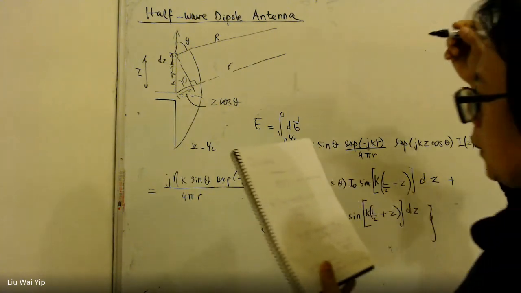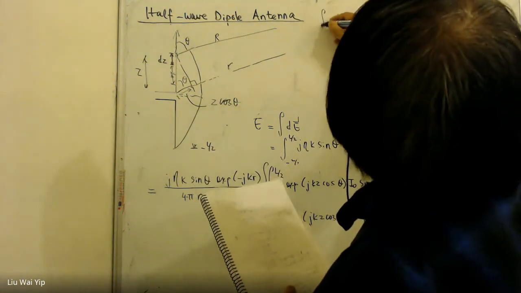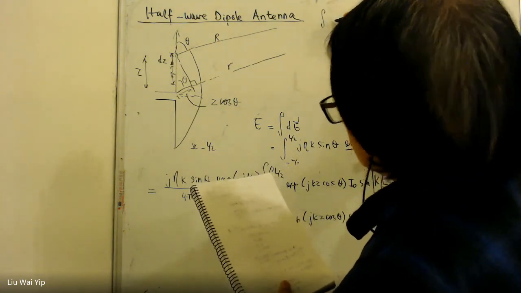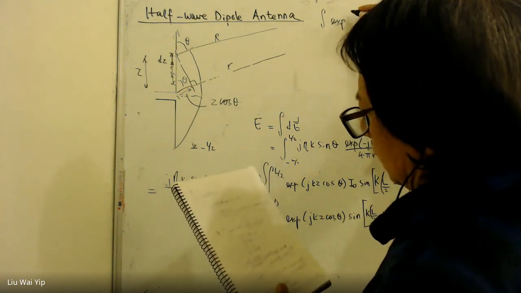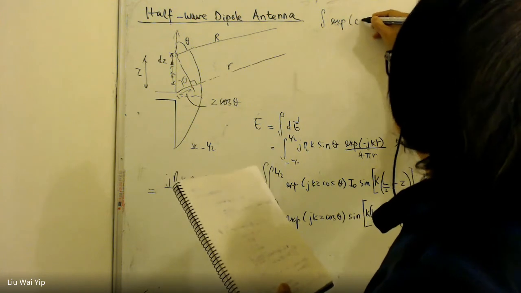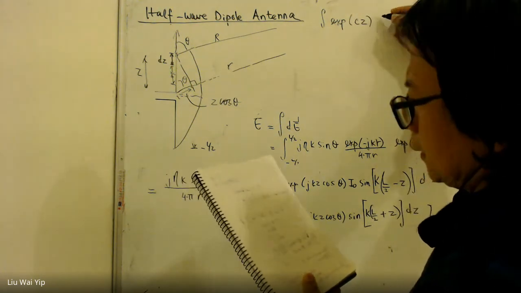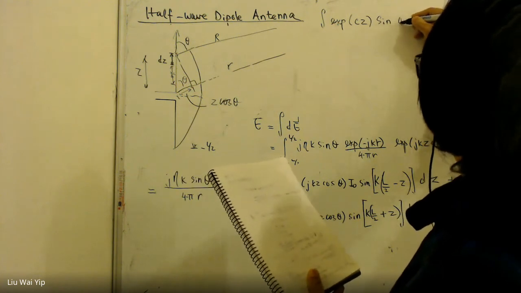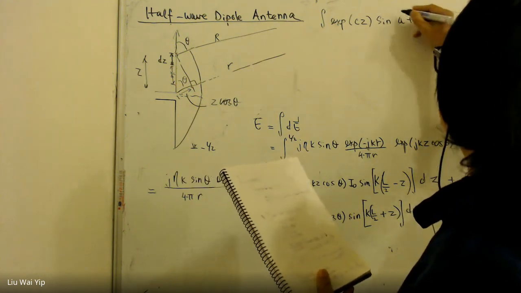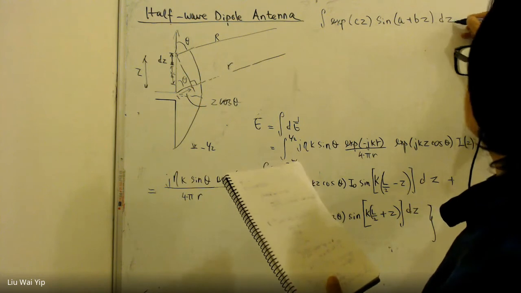What we are going to do is to integrate CZ and then sine A plus BZ and then DEZ.